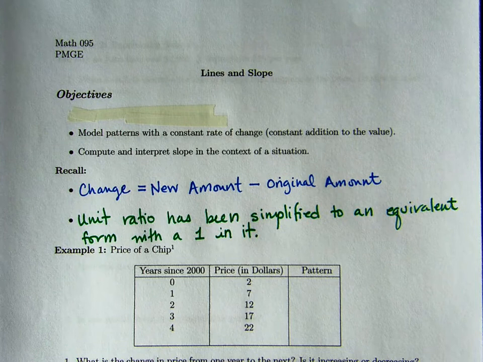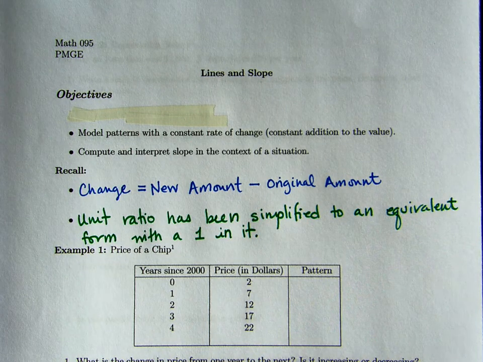So a unit ratio is an equivalent ratio. It has been simplified in order to have a 1 somewhere in it.